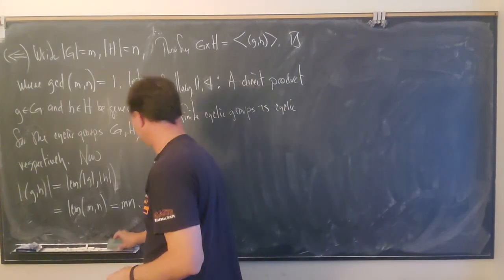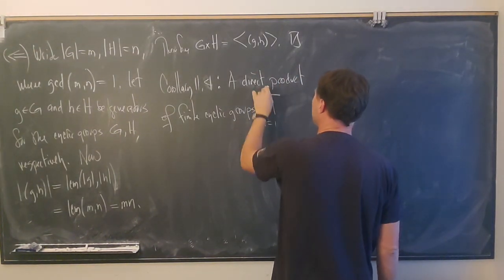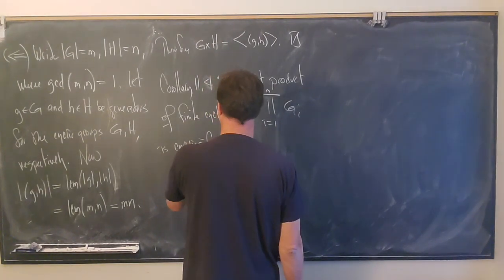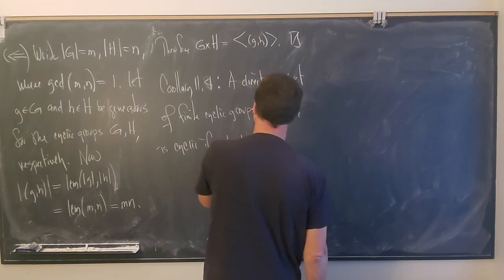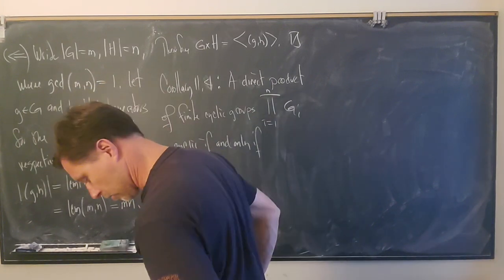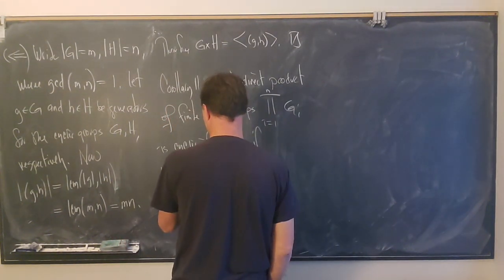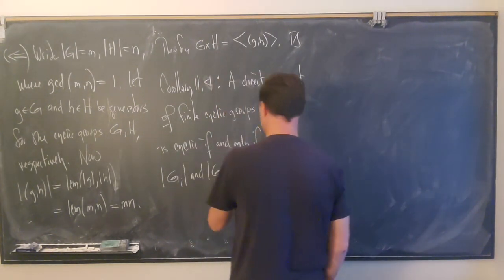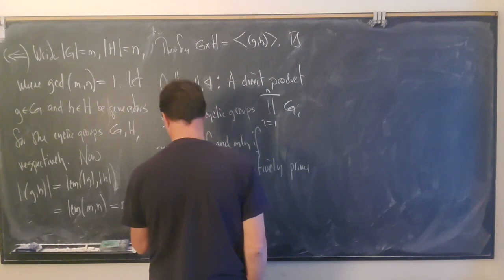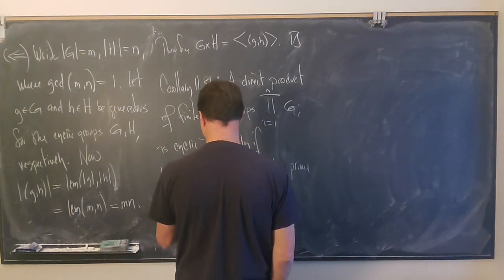Oh, and I need to write out who these are. So the direct product of finite cyclic groups, the product for i equals 1 to n of G sub i, is cyclic if and only if the order of G sub i and the order of G sub j are relatively prime whenever i is not equal to j.